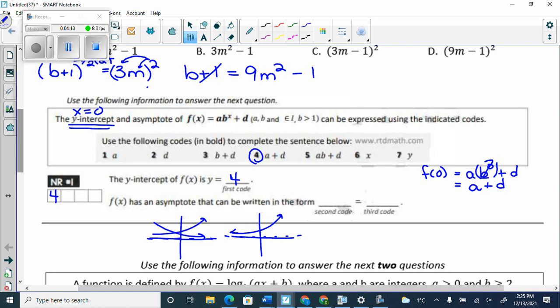So f of x has an asymptote that can be written in the form y equals, because it's horizontal, it equals what? d. So it's going to be 7, 2.